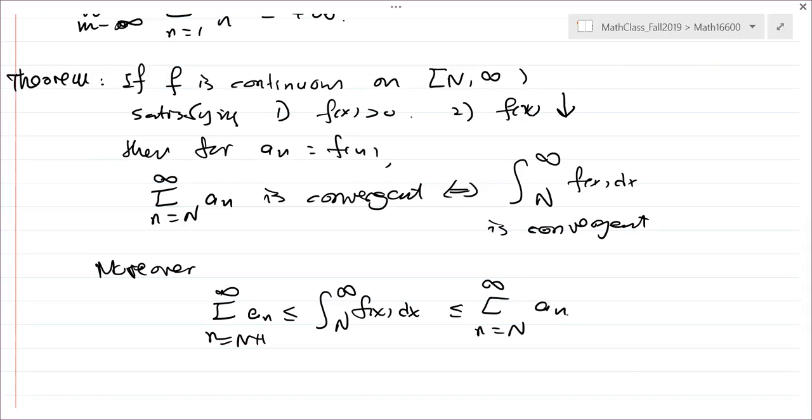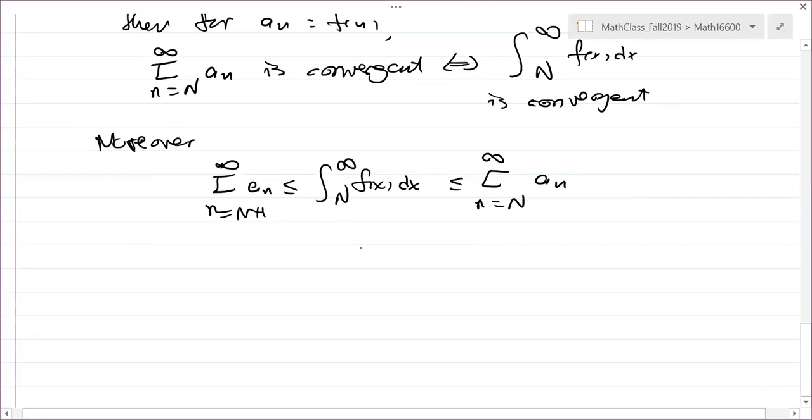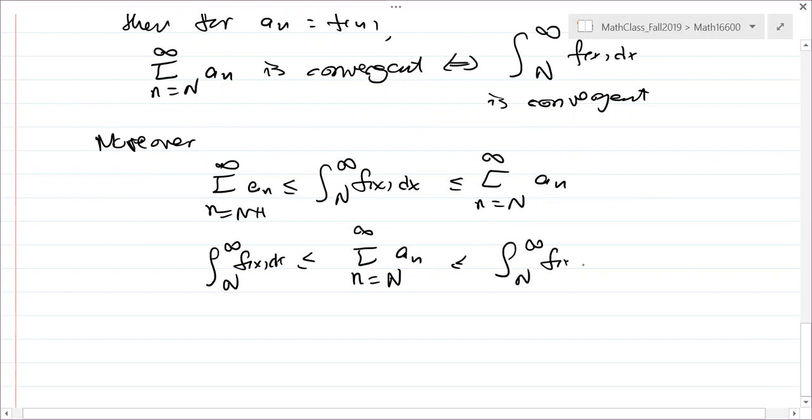But you can also get a very good estimate using the inequality. Now the estimate you can also write as the sum from capital N. I want to get the lower bound. The lower bound is still the same. The upper bound is actually going to be the sum from N plus a_N.